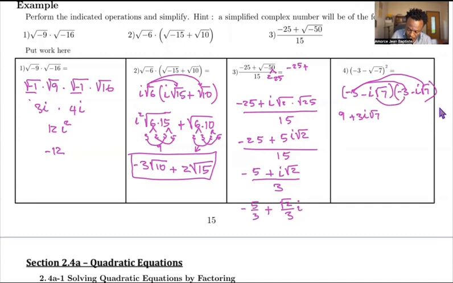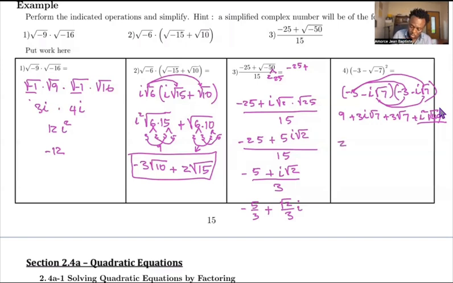It's +3i square root of 7. And then that is +i squared square root of 49, right? Which would be 7. So this is i squared square root of 49. i squared is -1, and square root of 49 is 7. So that's -1 times 7, -7 plus 9.